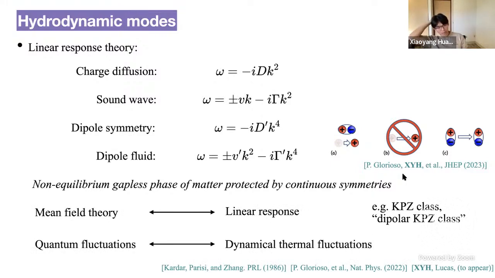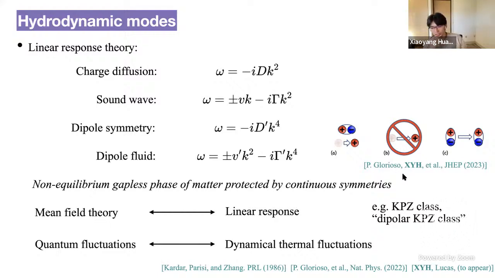Let me make some analogy between the equilibrium phases that people are familiar with and this non-equilibrium phase of matter, where you can imagine the linear response theory is like the mean field level, and dynamical fluctuations correspond to quantum fluctuations in your equilibrium phase.